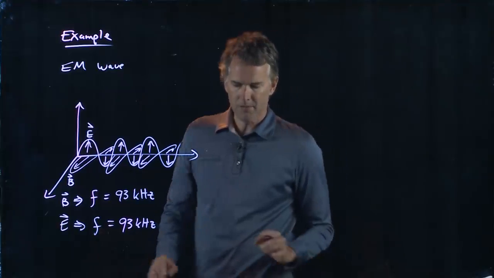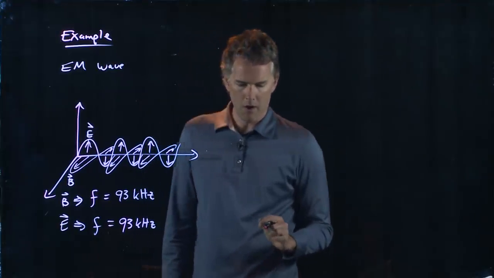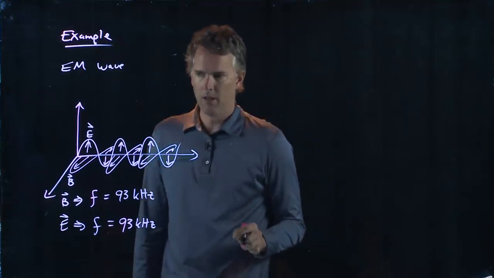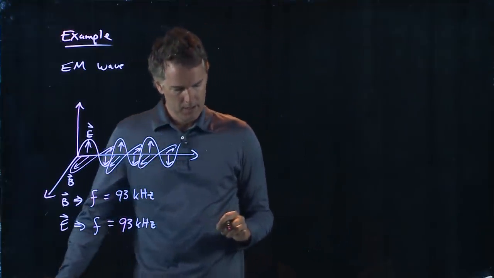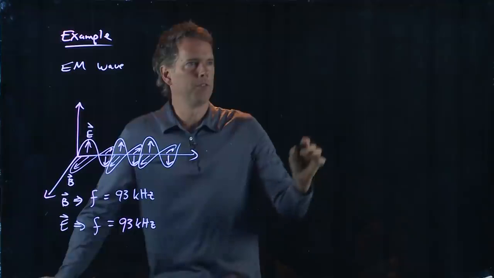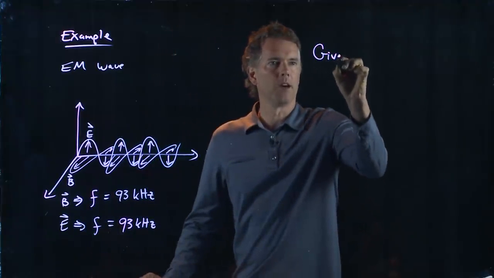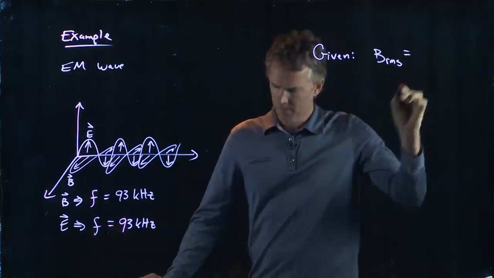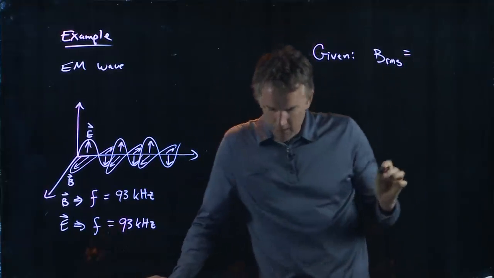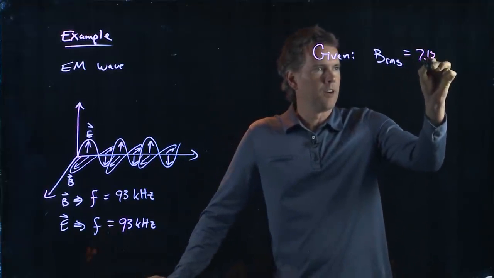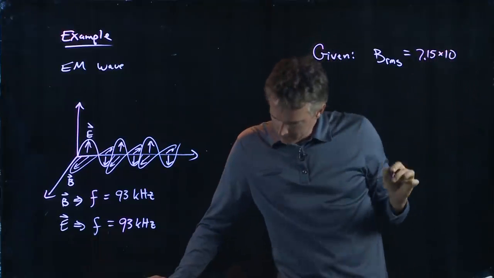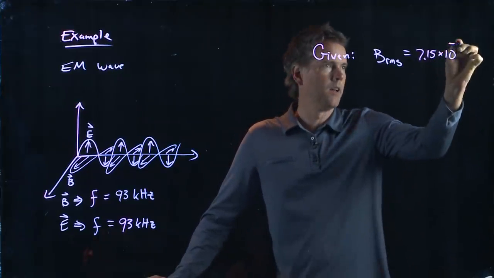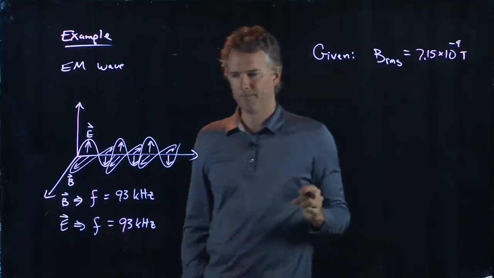All right, part B says, what is the RMS strength of the electric field? What they gave us was the strength of the B field, RMS, and they told us it was 7.15 times 10 to the minus 9 Tesla.